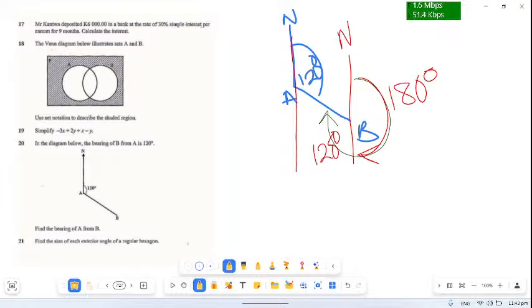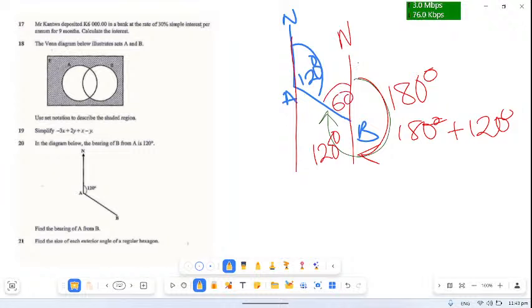We can just say 180 degrees plus 120 degrees. Here we have found 120 because we're using alternate angles are equal. Even when we use the property that co-interior angles add up to 180, there will be a value of 60 degrees.